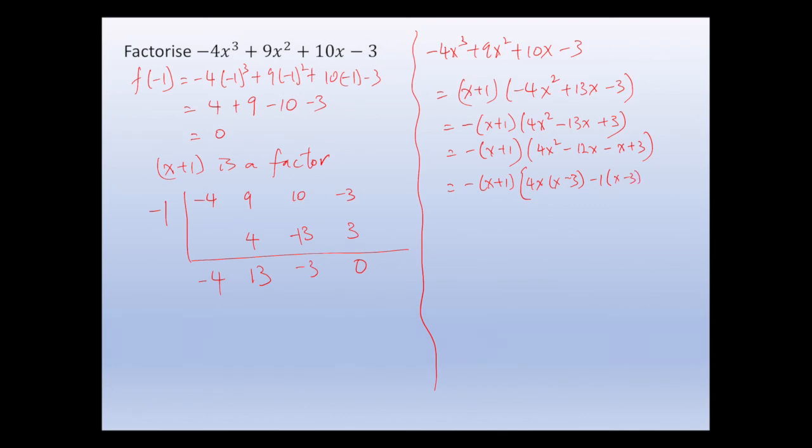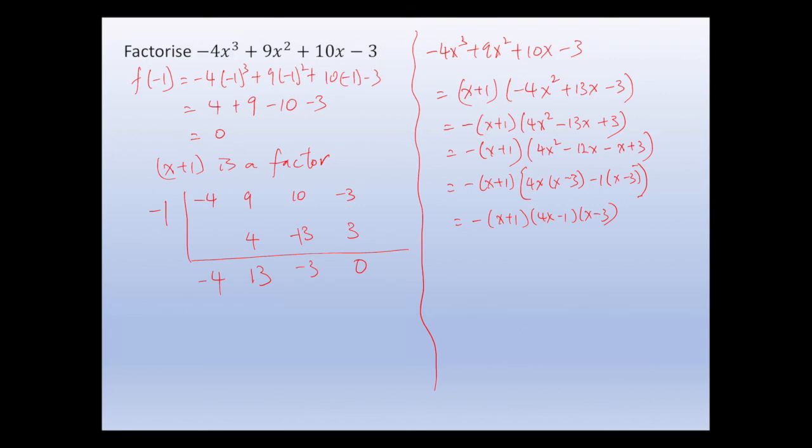So minus x plus 1, take out 4x from the first two terms, x minus 3, and take out minus 1, x minus 3. Take out x minus 3, therefore it's minus x plus 1, 4x minus 1, and x minus 3. So we have factorized minus 4x cubed plus 9x squared plus 10x minus 3.